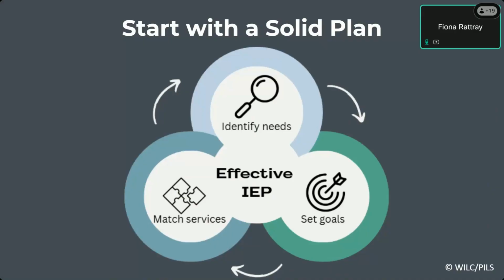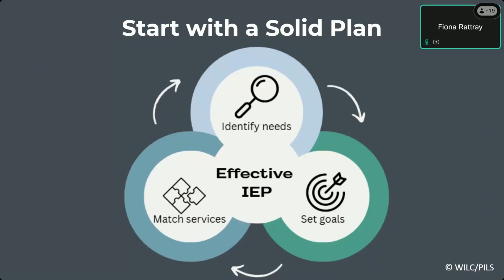The IEP planning should take into account not just those evaluations, but your observations, work samples, teacher input, your child's input, to build a really clear picture of where support is needed. Because if we don't get that bit right, then the whole plan kind of falls apart.